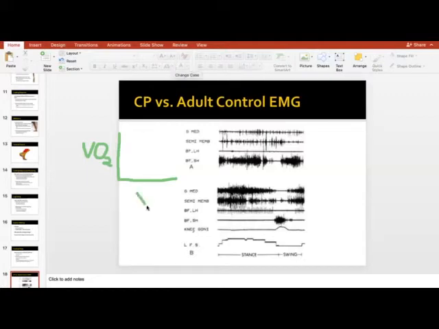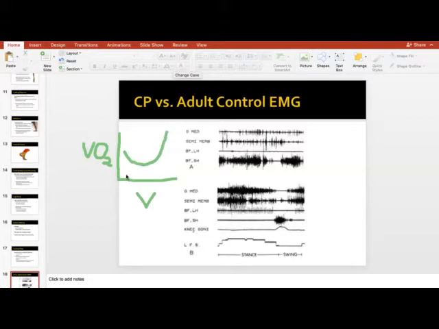We'll call this velocity, or I don't even know necessarily if we have to label it for right now. Usually what will happen is an individual will do activities in general so that they can reduce the amount of energy spent.